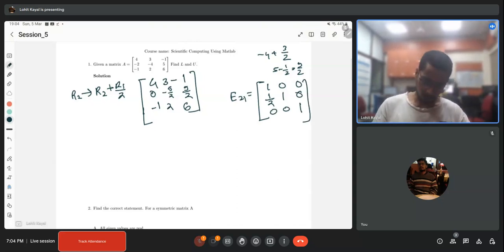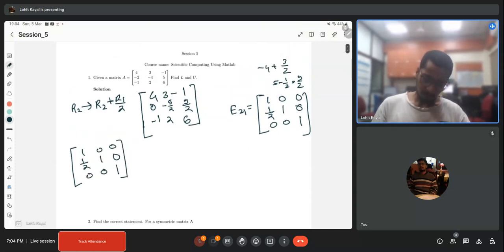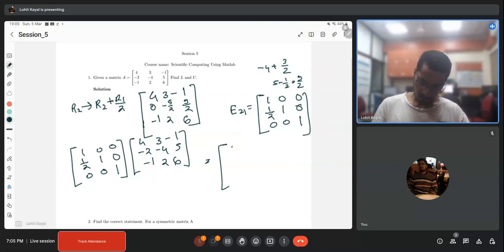Let's verify just once. It will be 1 0 0, half 1 0, 0 0 1, into matrix A, 4 3 minus 1, minus 2 minus 4 5, minus 1 2 6. The resultant matrix will be the same first row, 4 3 minus 1.